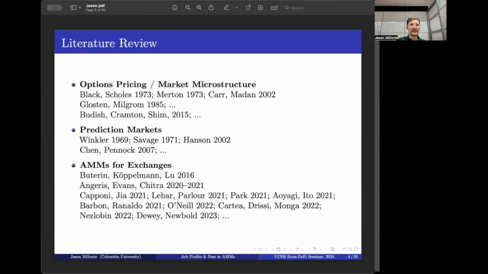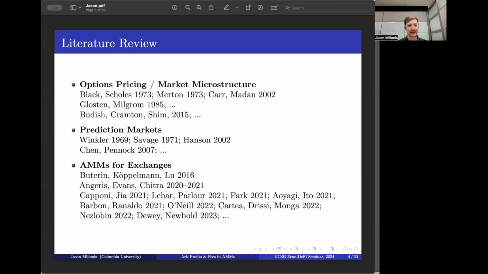Now, there has been lots of great literature relating to our work, but in the interest of time, let me just mention three axes that are relevant. First, the huge axis of great work on options pricing and market microstructure literature that our adverse selection work is based on.